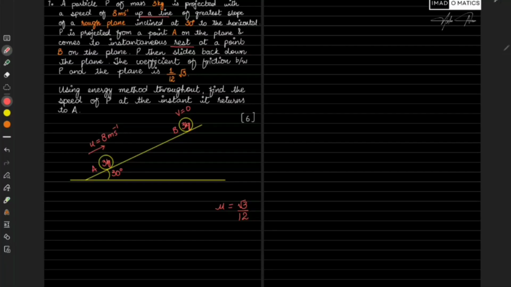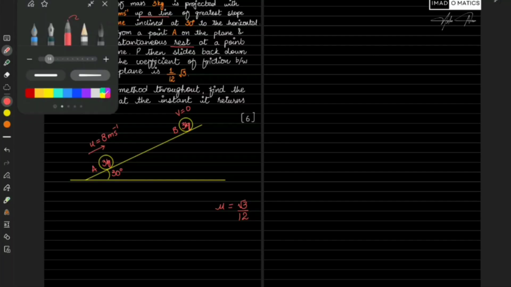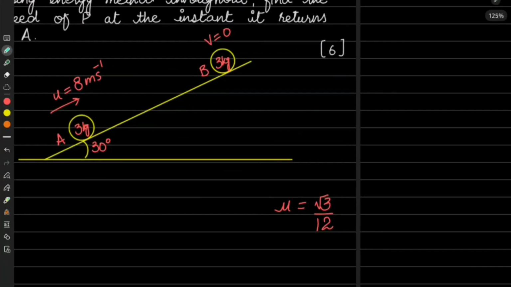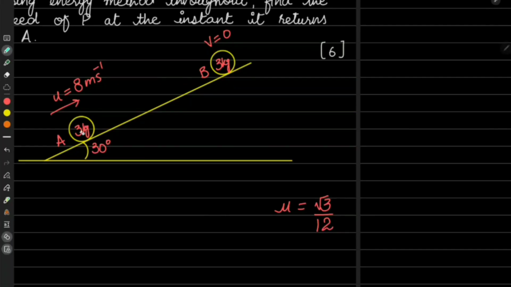Now see, first we should be resolving all this. We have weight acting downwards, then a component along the plane and a component perpendicular to it.